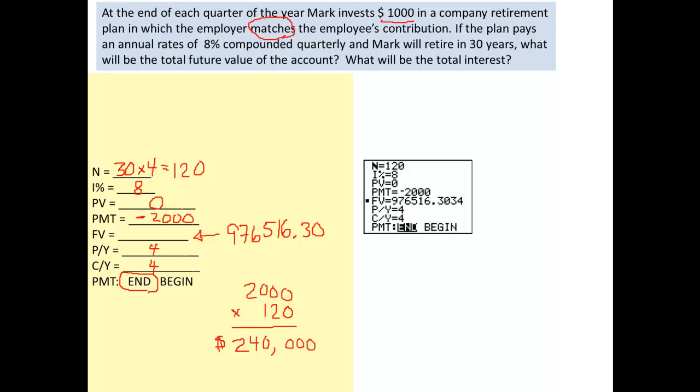And in fact, what Mark deposited is actually half of that. Mark has only invested a total of $120,000 out of his paychecks. And notice that in the course of 30 years, his retirement account is close to $1 million. And that's the power of compounding interest, especially when you have a nice big fat interest rate like 8%, which is what we had in this problem.